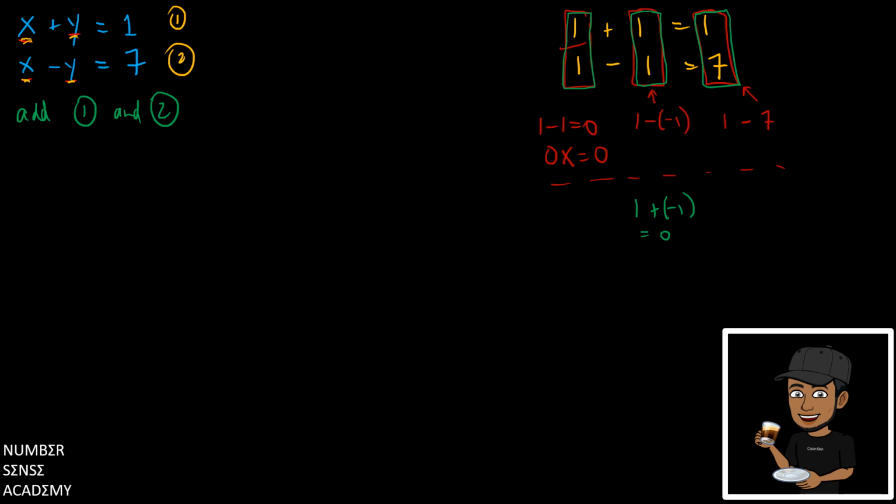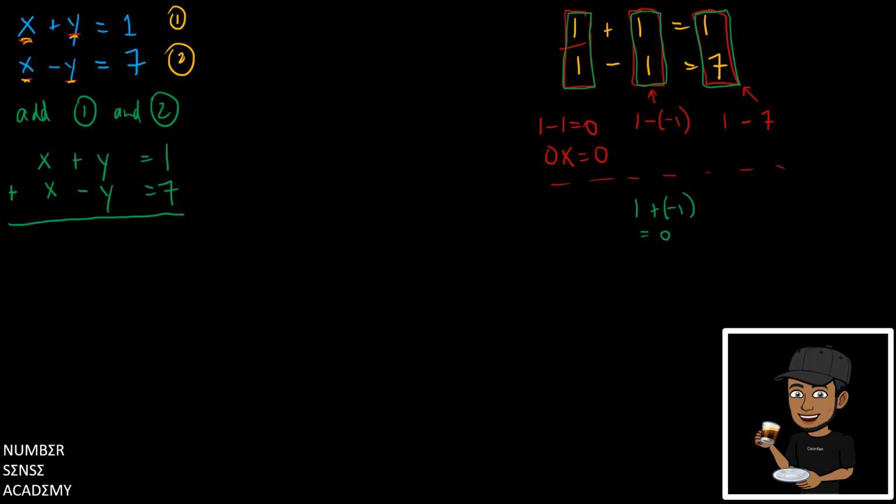This is telling me that I'm adding equation 1 and equation 2. So I'm going to write it as a sum, just like how I would if I was adding other values. So I'm going to put a plus sign here, plus minus y equals 7, and I'm going to create the adding bar so I could get my result.